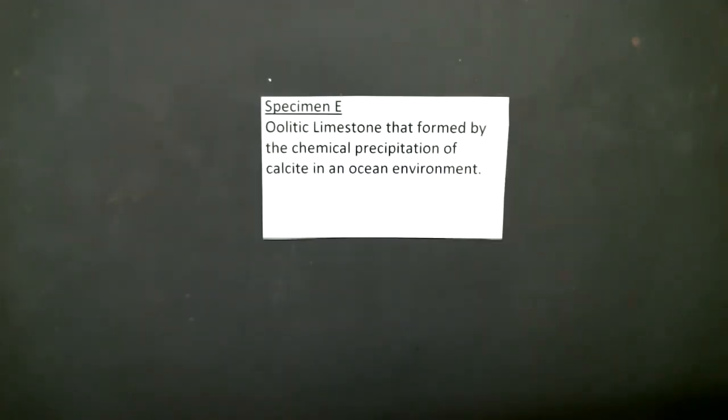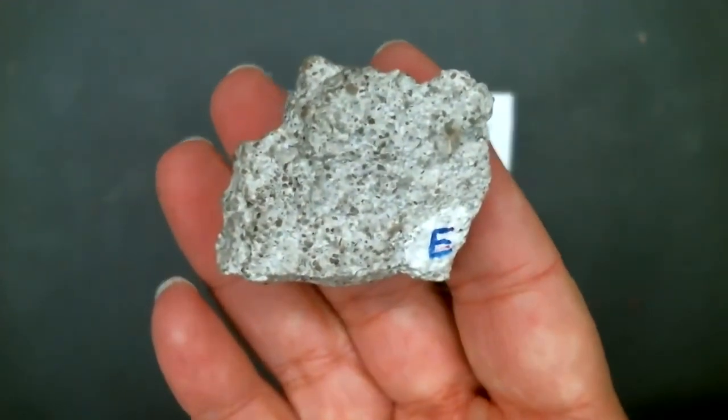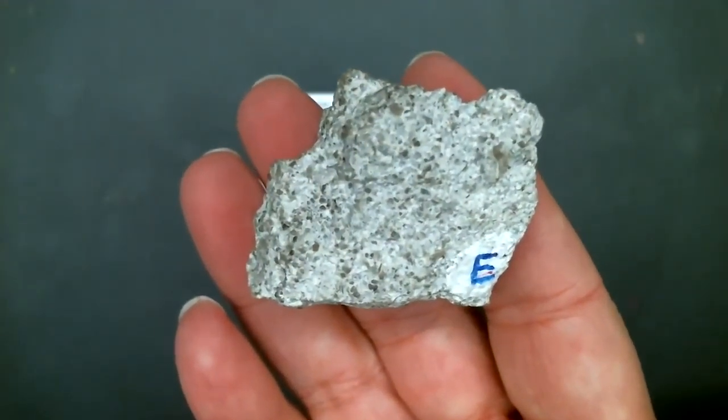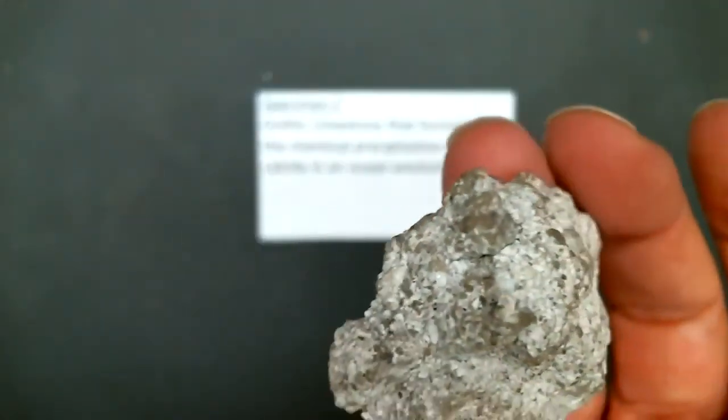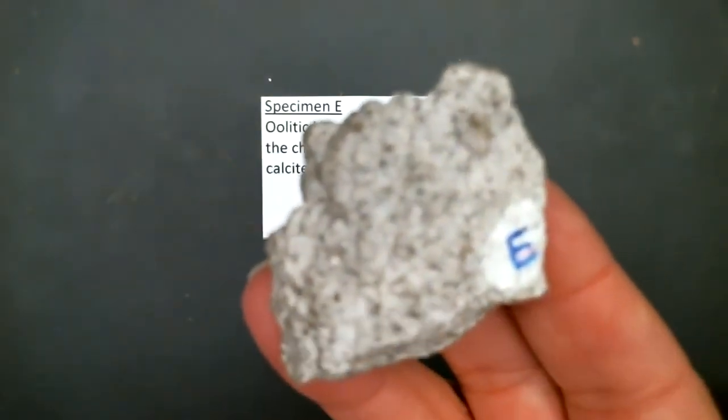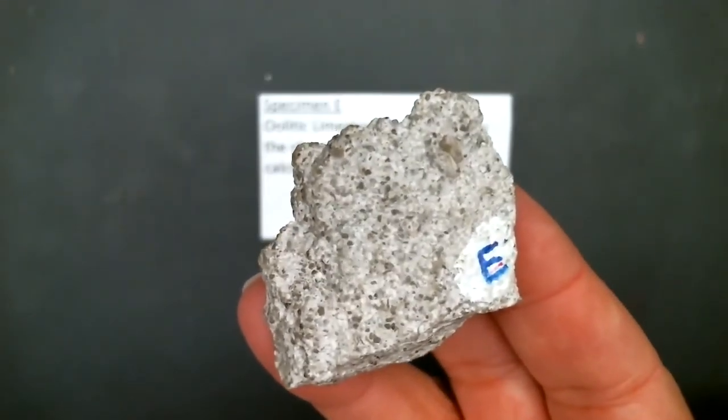Oolitic limestone formed by the chemical precipitation of calcite in an ocean environment. So a precipitate forms as a solid comes out of solution, and something catalyzes that process. It's usually a chemical or a temperature change.